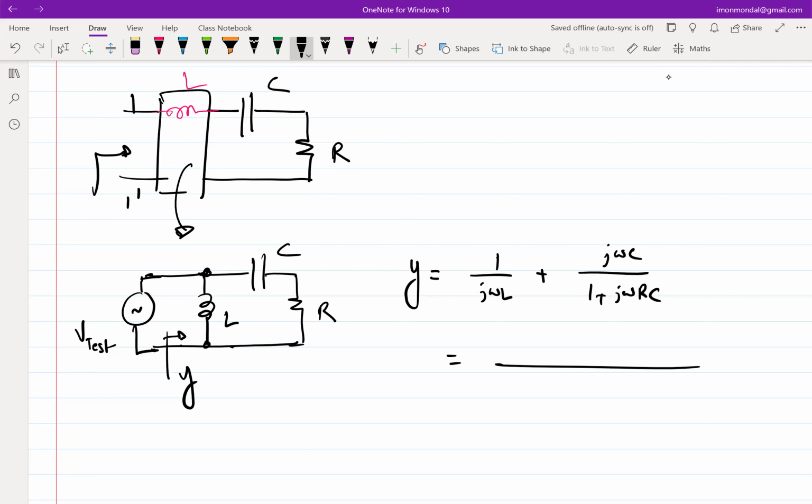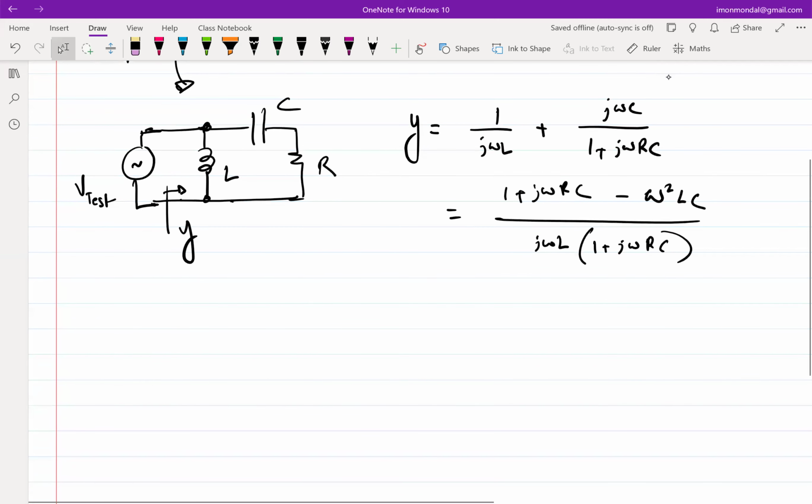So now you basically do a bunch of math. I'll club these terms together.